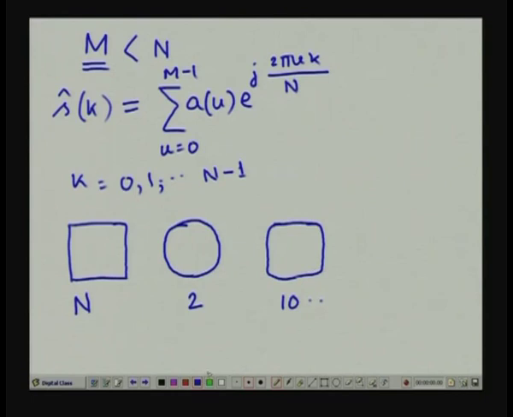In such a case, you find that the details of the corners will be lost, but still I can maintain the basic, primary essence of the shape of our original boundary, which was a square, and it becomes almost a square. So, by considering a few DFT coefficients as Fourier descriptors to represent the boundary, I can approximately represent the boundary, and this gives an approximate description of our boundary.